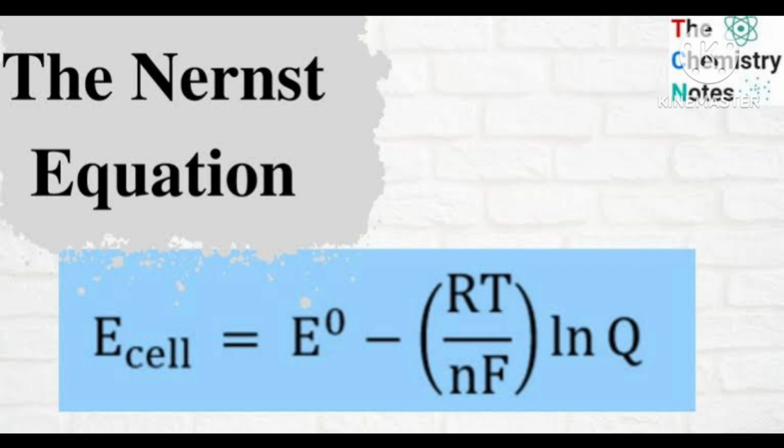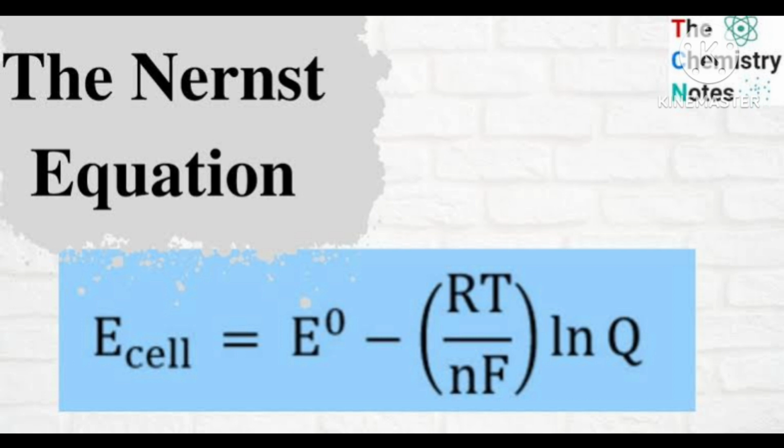Means you can consider it as one step. Then in the sixth step you can write this: E cell is equal to standard E cell plus, outside, 0.059 divided by n.